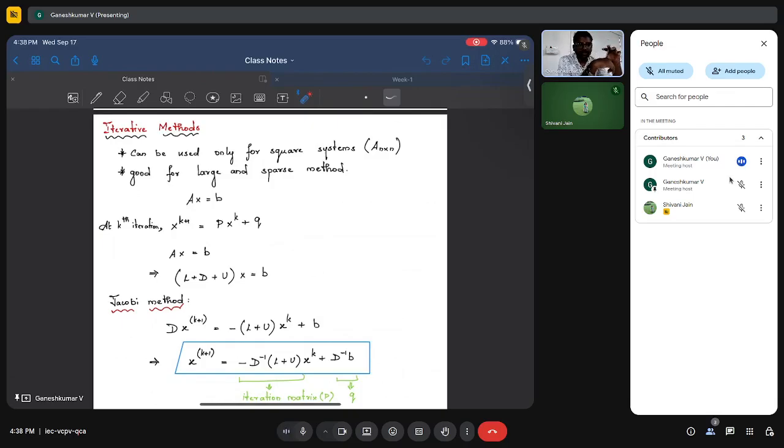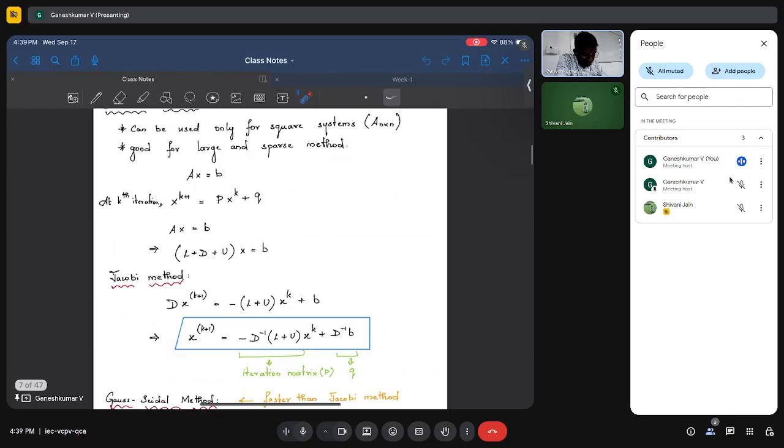In iterative methods you can quickly reach the solution without that many operations. That's why people usually prefer iterative methods for solving linear systems of equations. They are useful only for square systems, which is how physical systems usually behave; we rarely see rectangular matrices. They are good for large and sparse matrices.